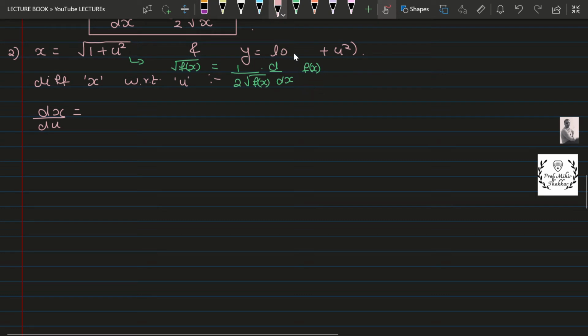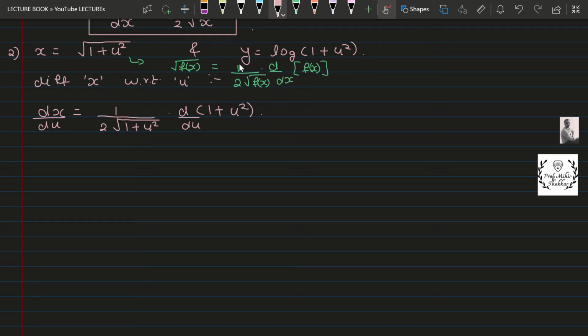So yes guys, f(x) is the entire 1 plus u square. So I get 1 upon 2 root 1 plus u square into the derivative of 1 plus u square.